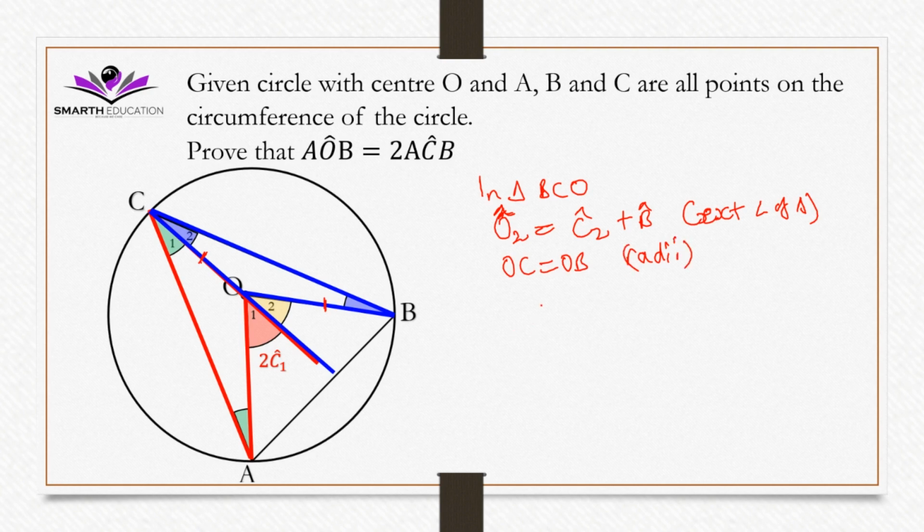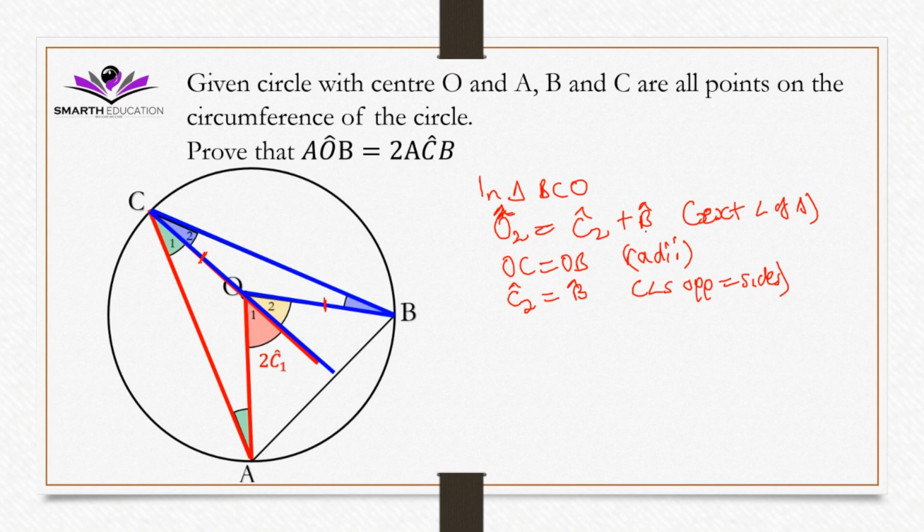So therefore angle C2 is equal to angle B, since angles opposite equal sides are equal.